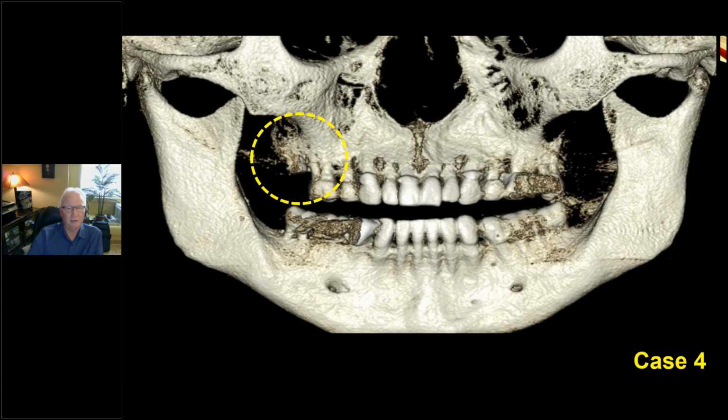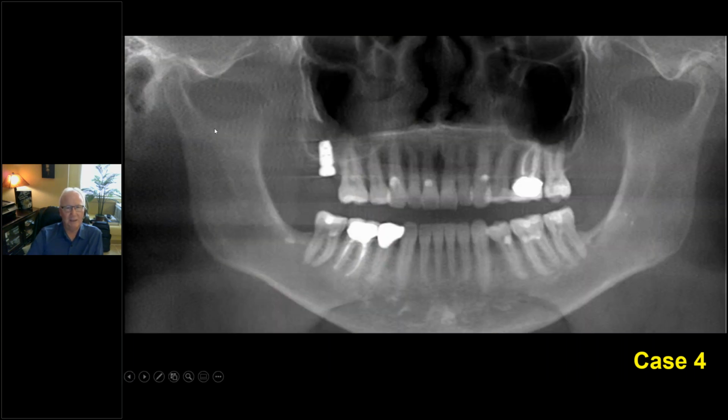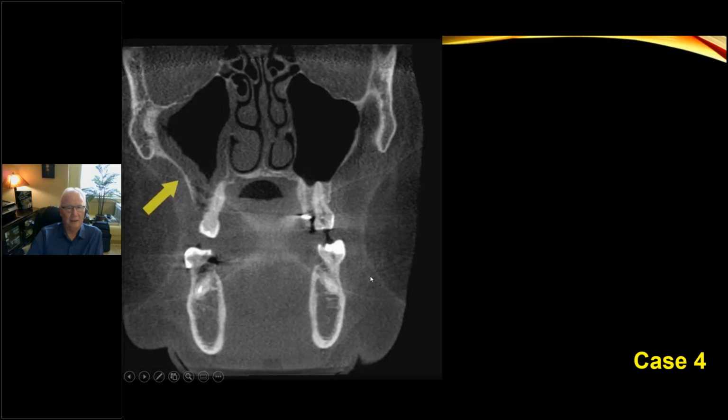So there's diminishing returns. But I want you to see this implant. How they thought they had enough bone here is beyond me. This implant is into the right maxillary sinus. They probably planned from a panoramic, and they didn't need to.